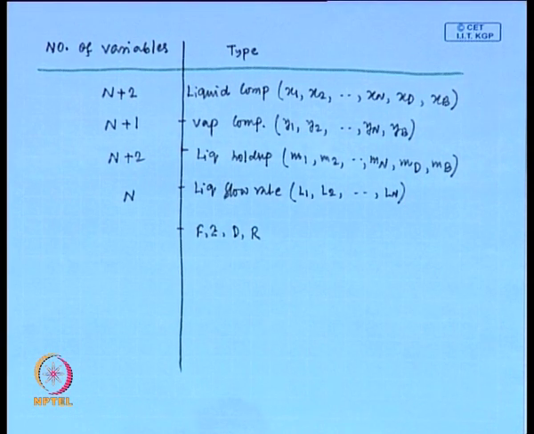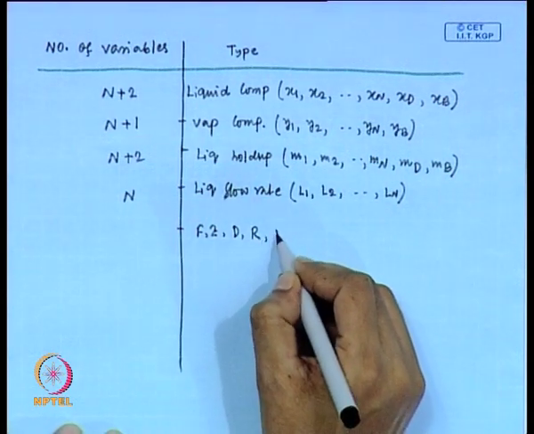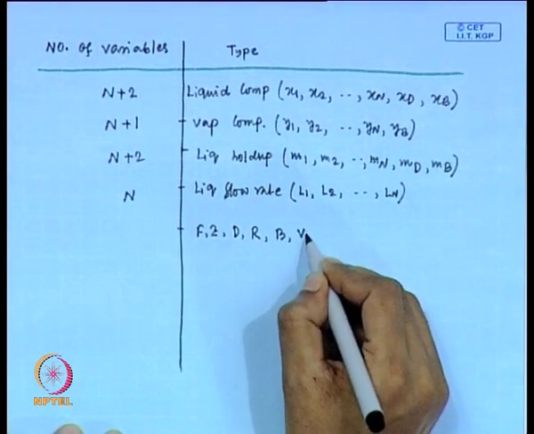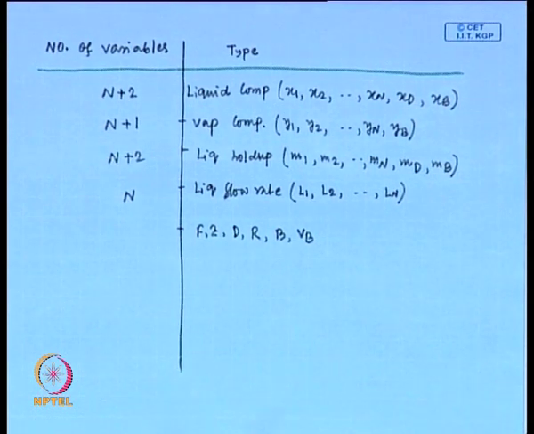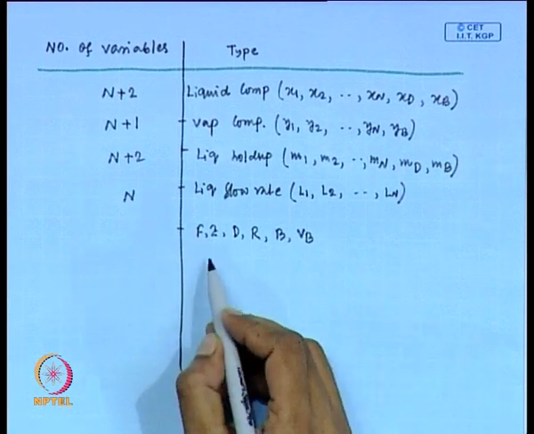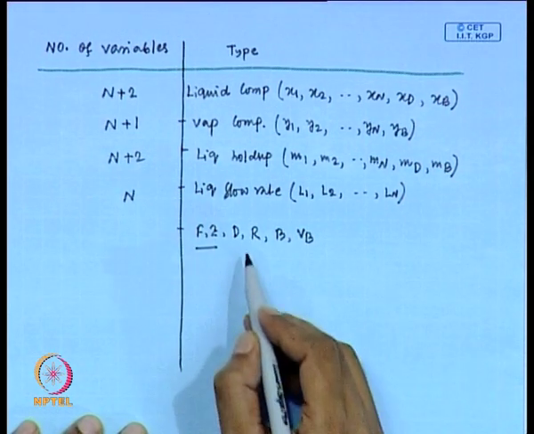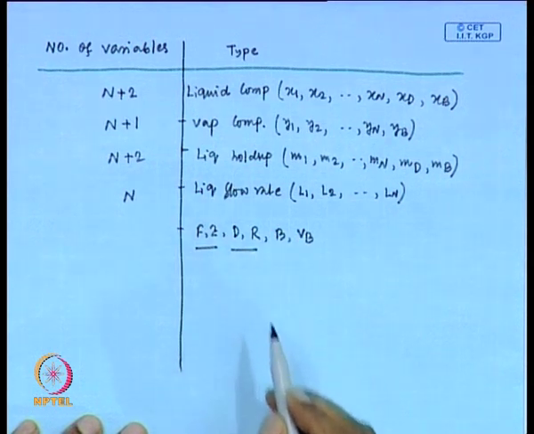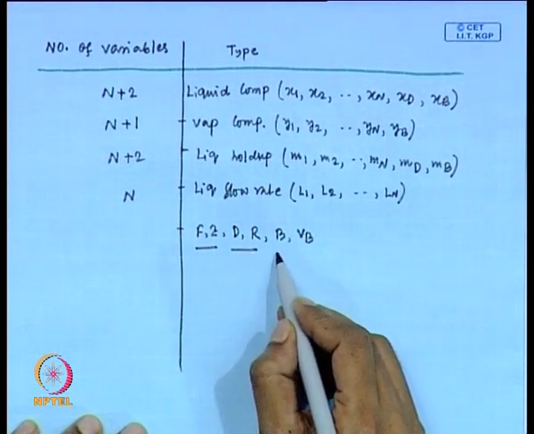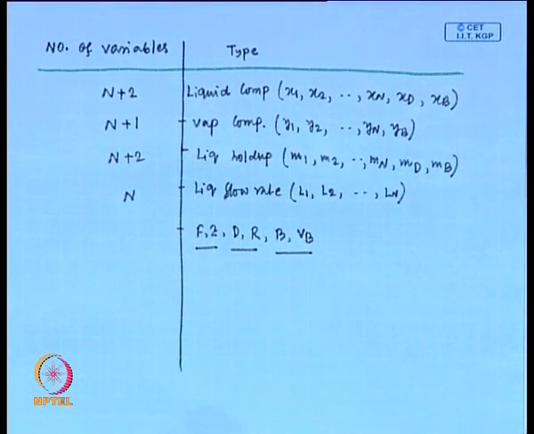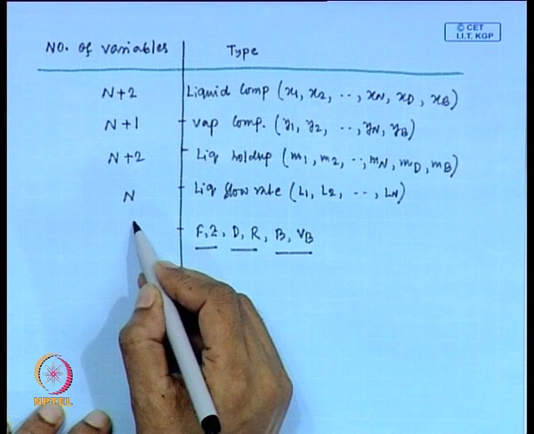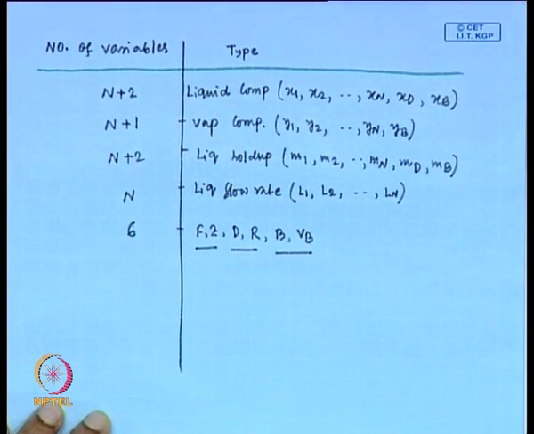Fine. And what about the bottom section? One is bottom flow rate, another one is boil off. So, these two are representing the feed, these two in the top section and these two we are considering for the bottom section. So, how many? Then 6.